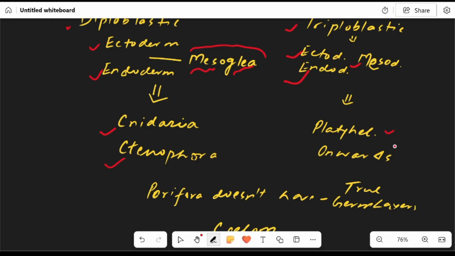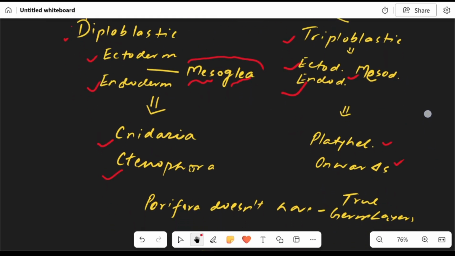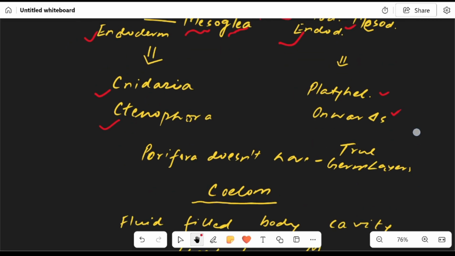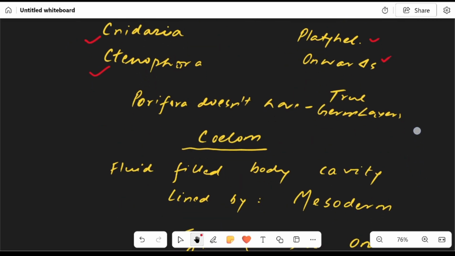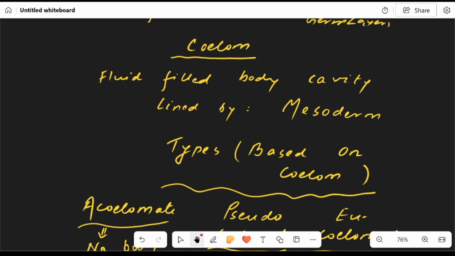Platyhelminthes and others onwards are triploblastic. Porifera doesn't have any true germ layer, so there is no question of endoderm, ectoderm or mesoderm over here.